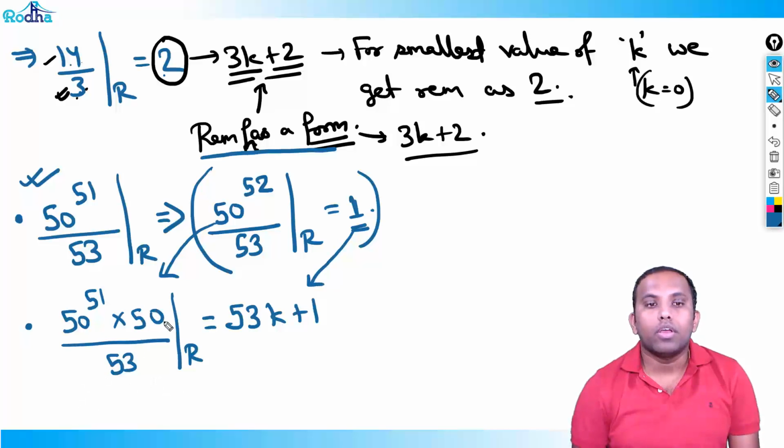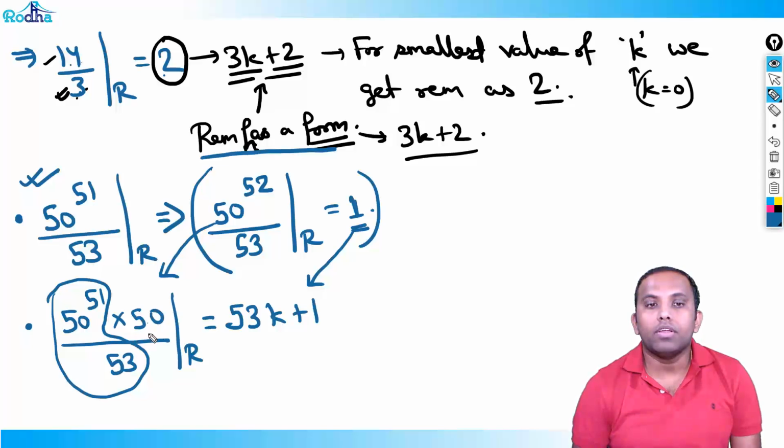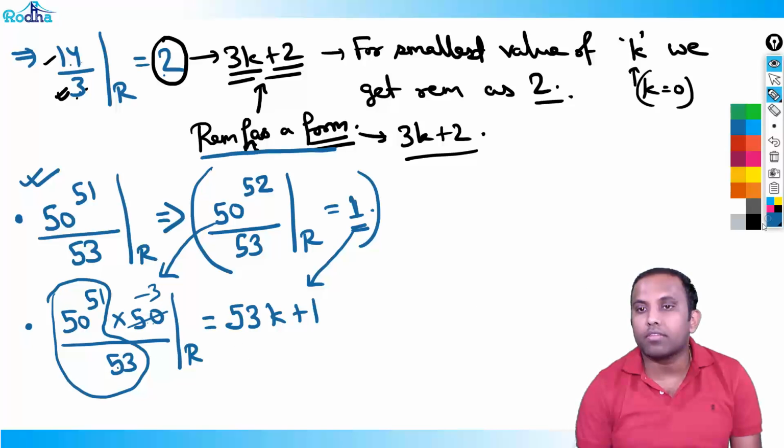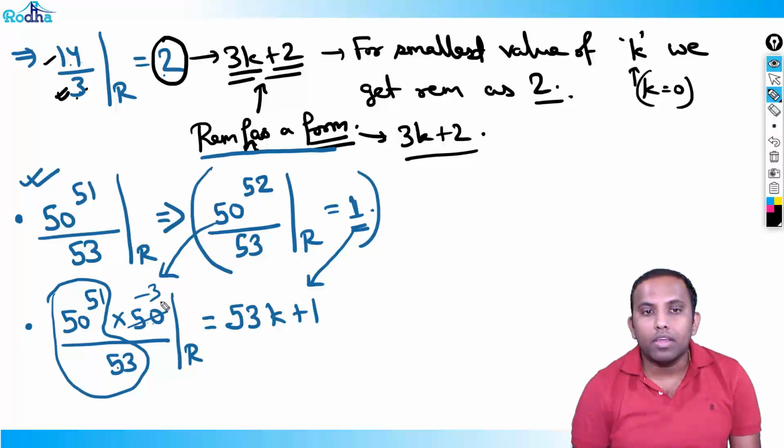Fine. Now 50 raised to 51 by 53, this remainder I want. This is the question. Now 50 by 53, what is the remainder? The remainder is minus 3. Understand this logic: this minus 3 will come here in the divisor, because it is a multiplication.